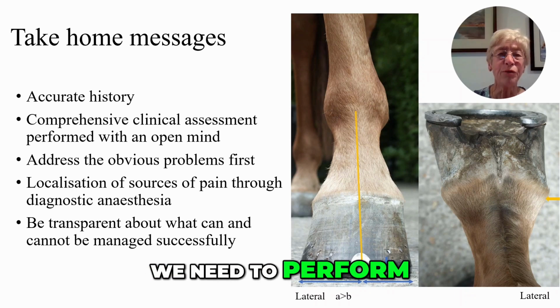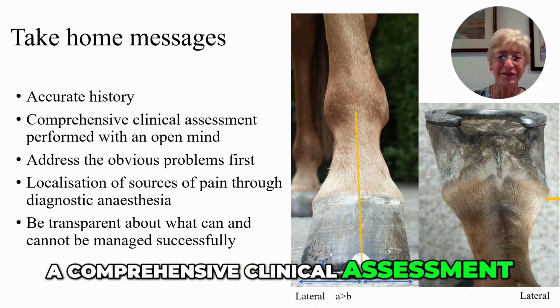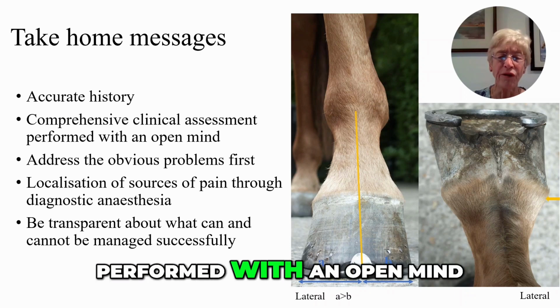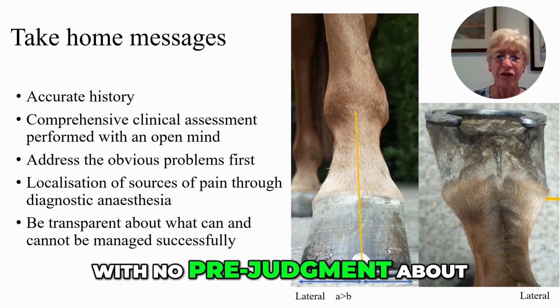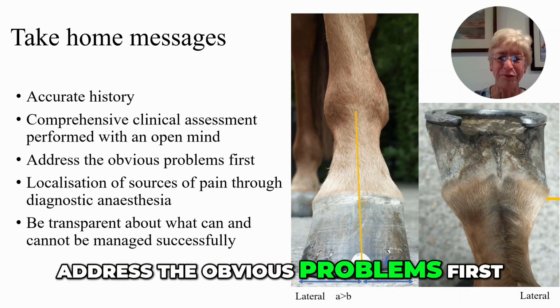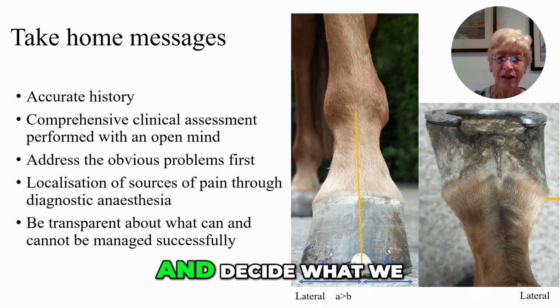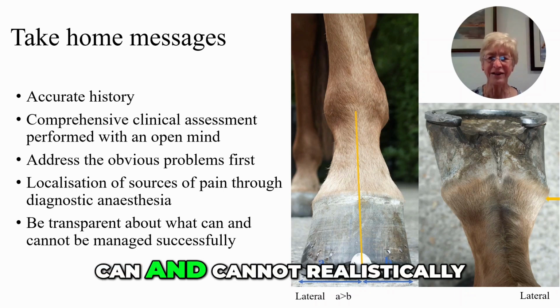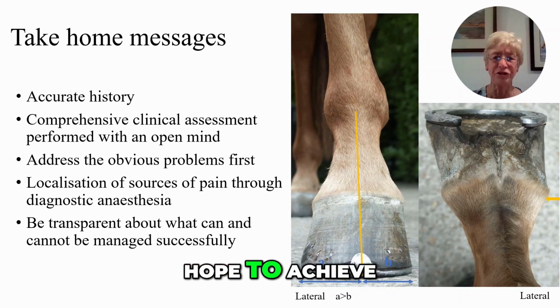We need to perform a comprehensive clinical assessment, but that should be performed with an open mind, with no prejudgment about what the problems may or may not be. And we need to address the obvious problems first and decide what we can and cannot realistically hope to achieve.